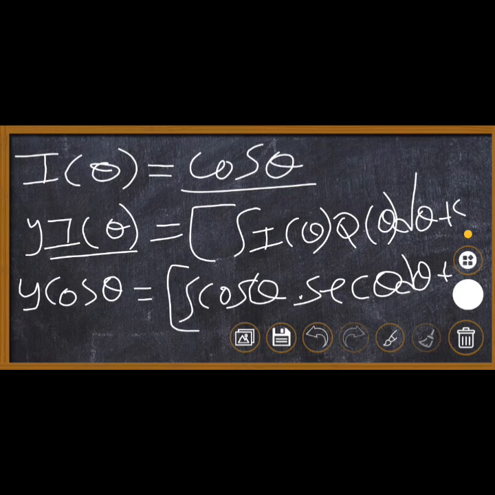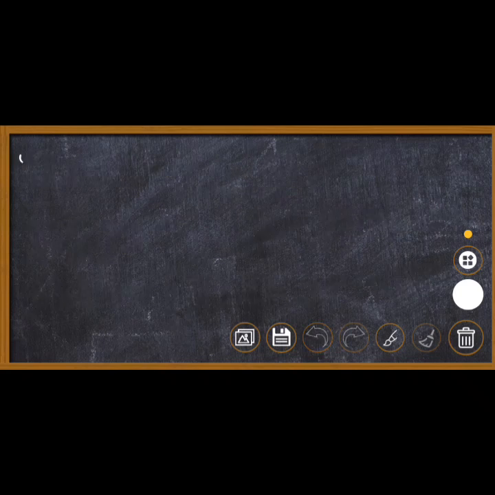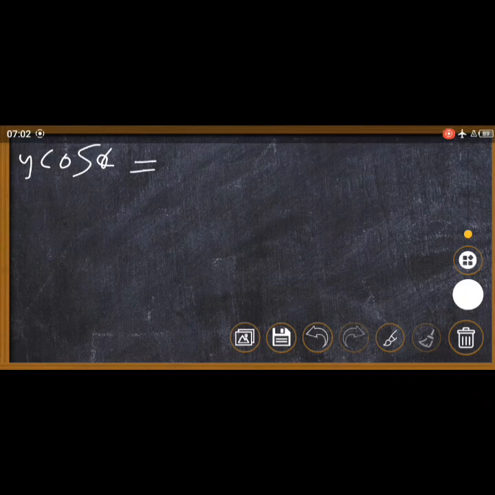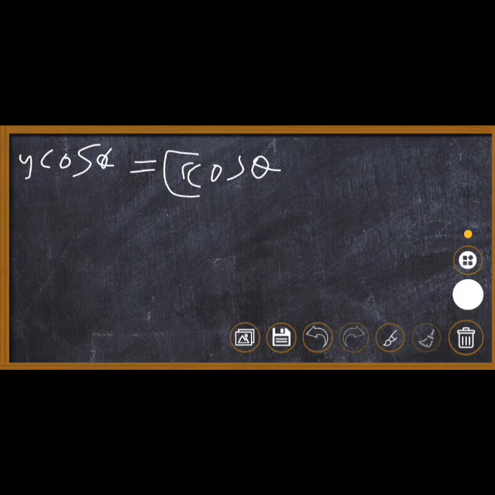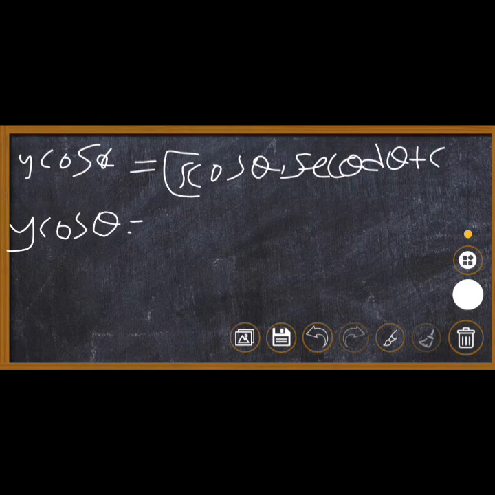Make sure that you add that. So we have y cos theta equal to the integral of cos theta multiplied by sec theta d theta plus constant c. So let's simplify.